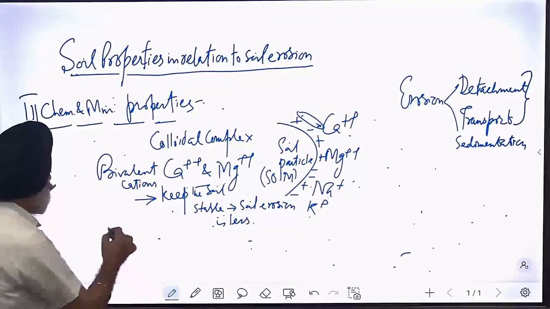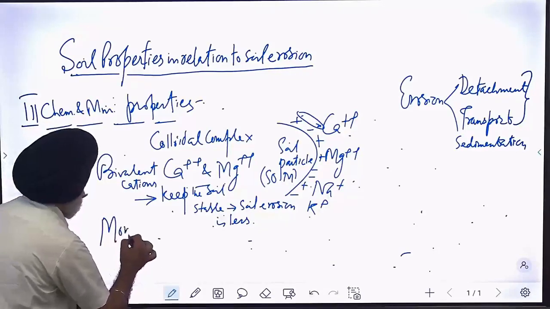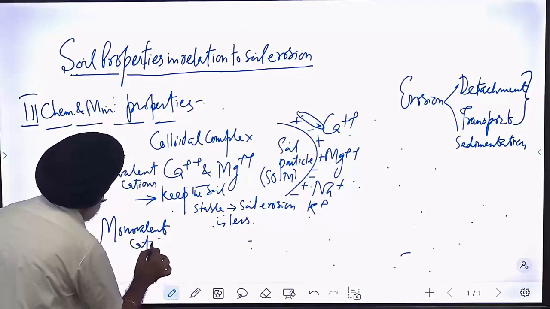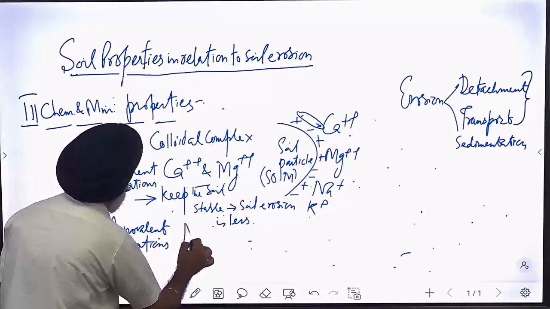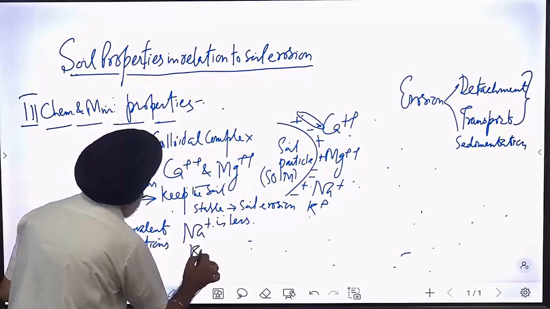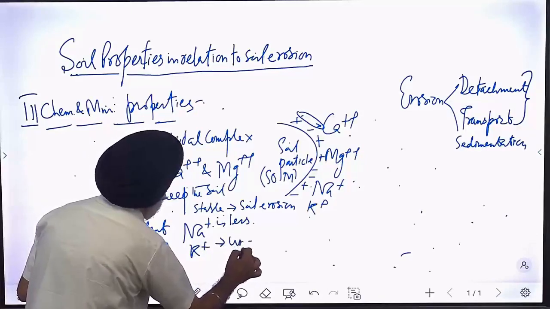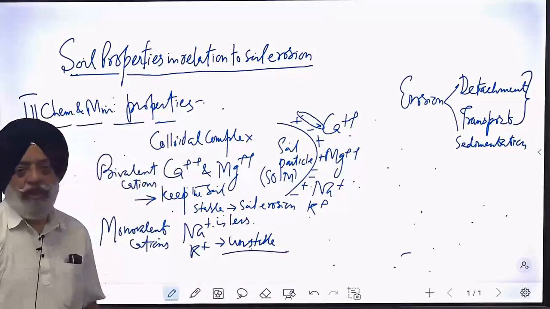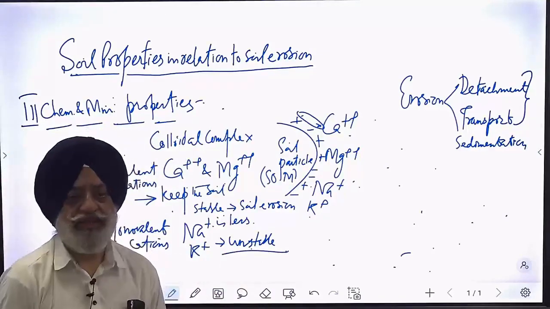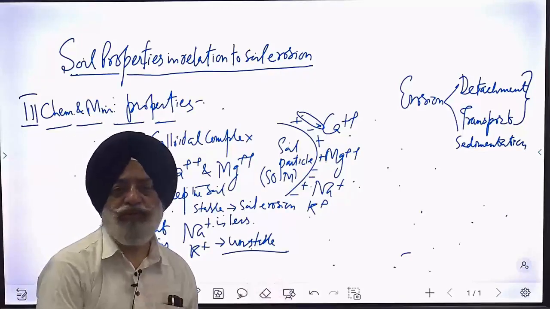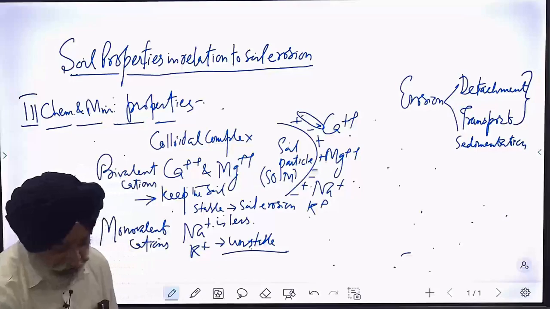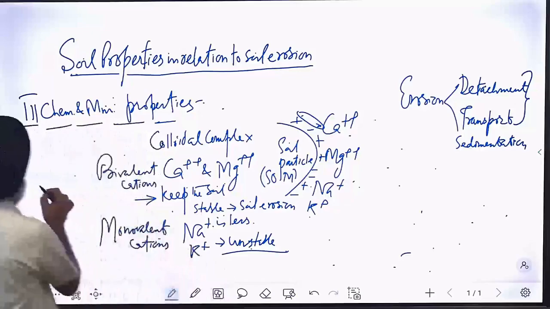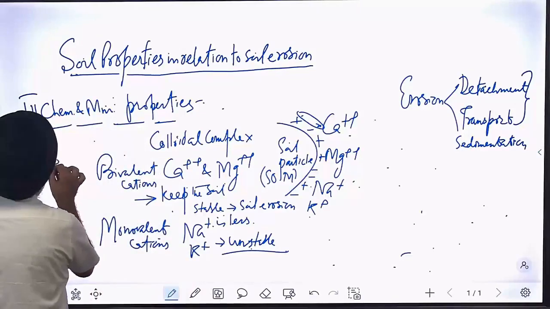On the other hand, the monovalent cations like sodium and potassium make the soil unstable, and the colloidal complexes which are dominant in monovalent cations can be easily eroded.